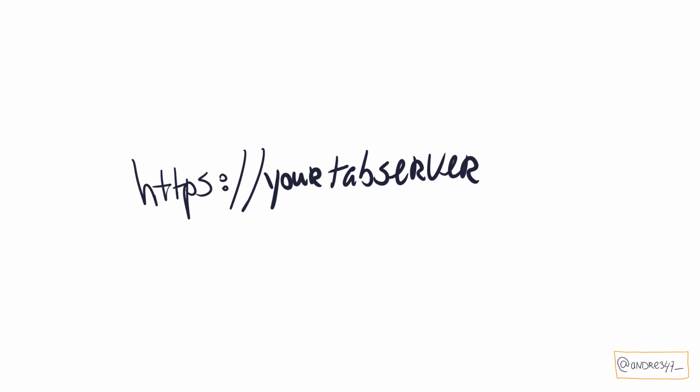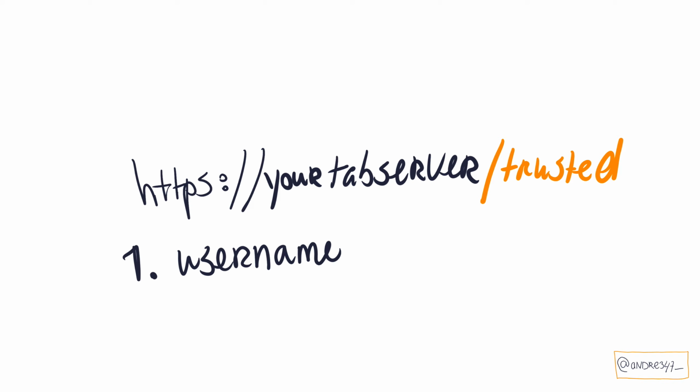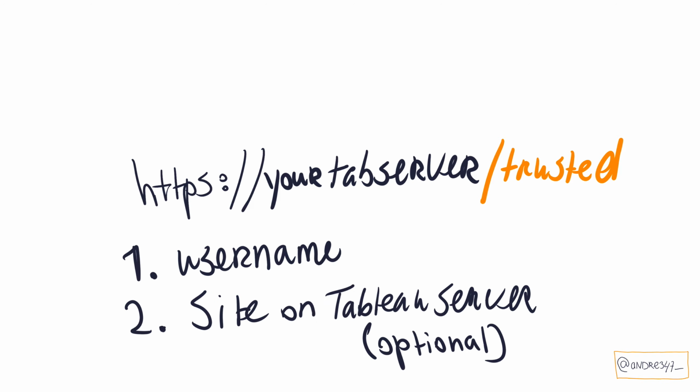Well, you have your Tableau server URL, ideally running on HTTPS. You send a payload to your Tableau server /trusted, and this payload contains a username, and optionally, if you have multiple sites on Tableau server, you also need to tell it which site.